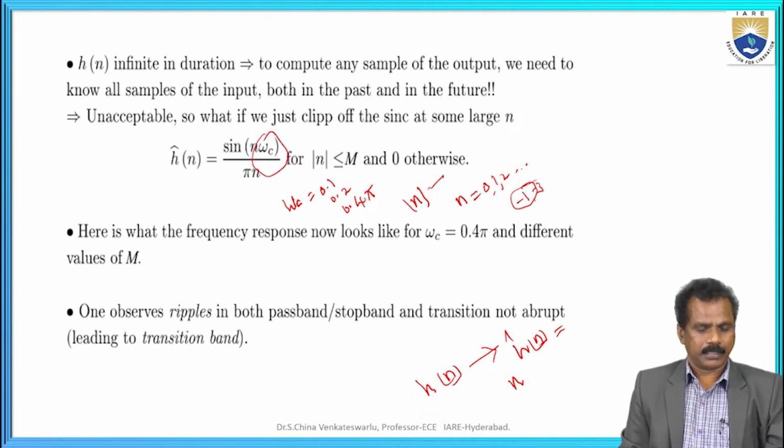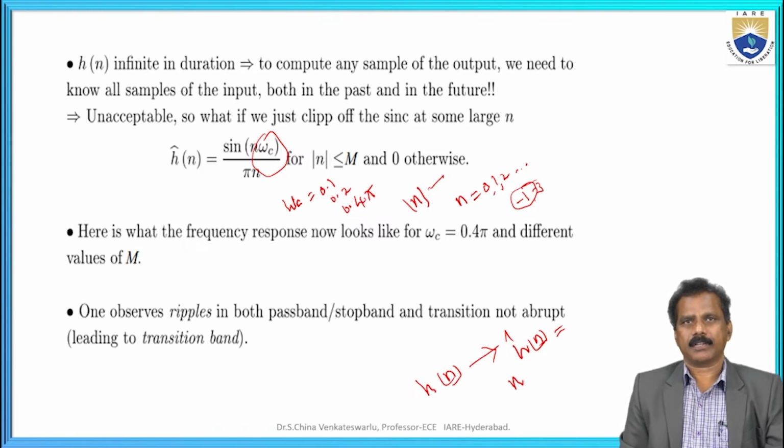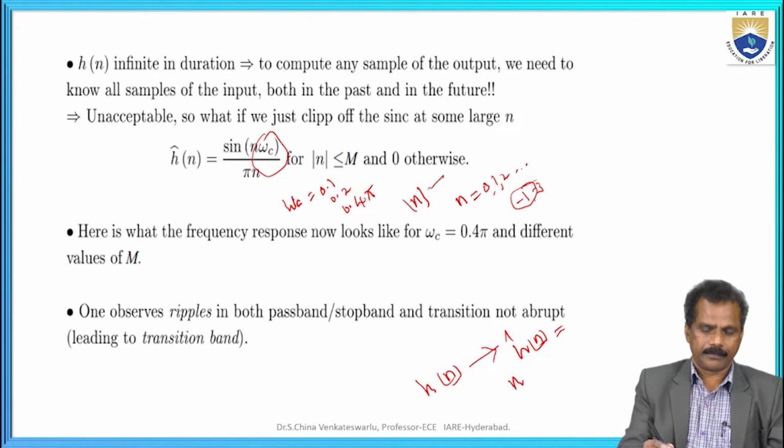So one observation: there are ripples in both passband and stopband, and the transition is not abrupt, with changes leading to the transition band. To verify that, the frequency response now looks like this for omega c equal to 0.4.